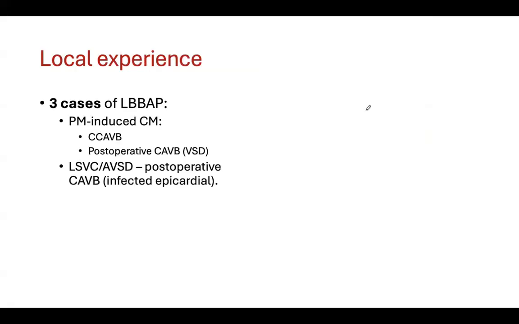Anyways, our local experience: we have done so far, I think, 3 cases of left bundle branch area pacing, 2 for pacemaker-induced cardiomyopathies. One was congenital complete heart block that we will actually discuss.